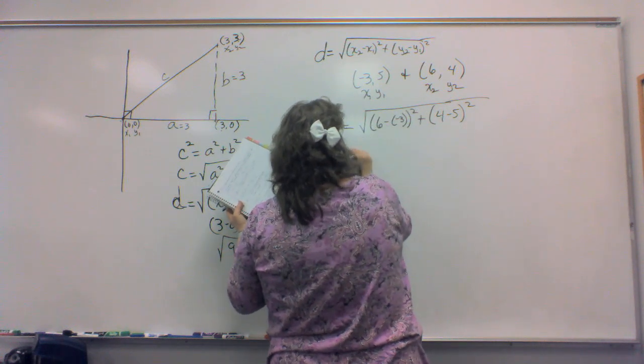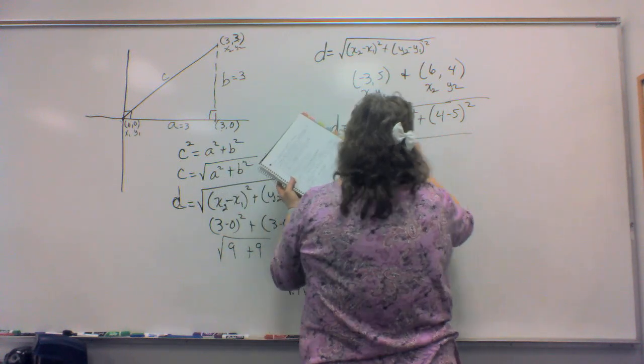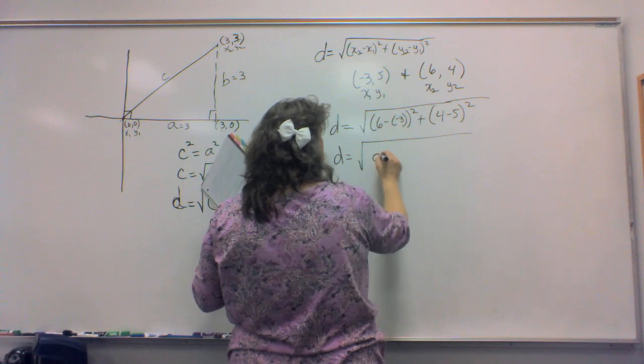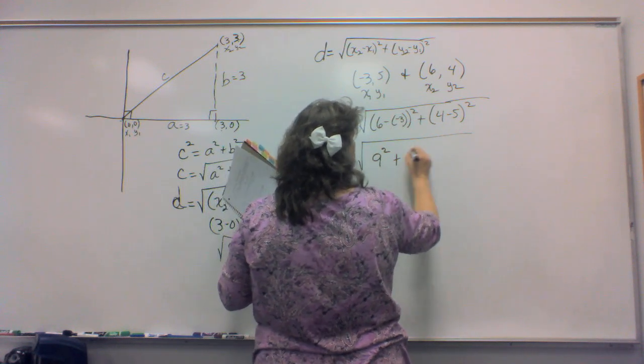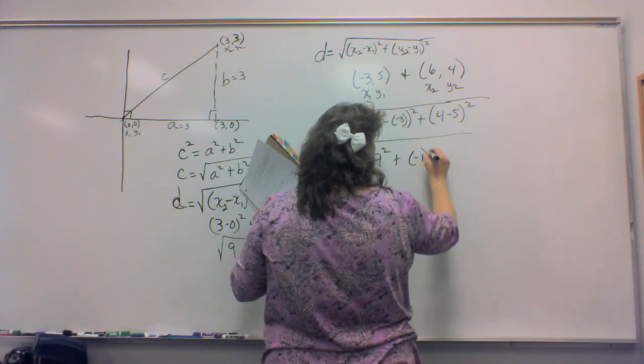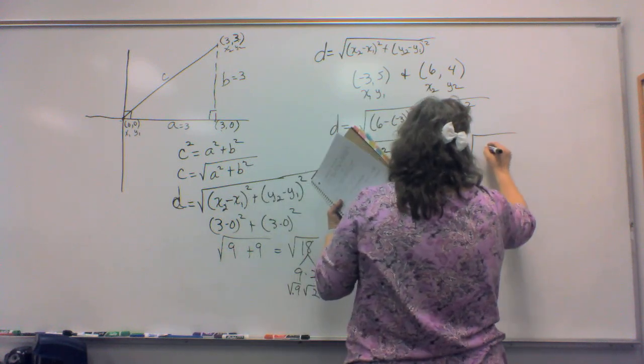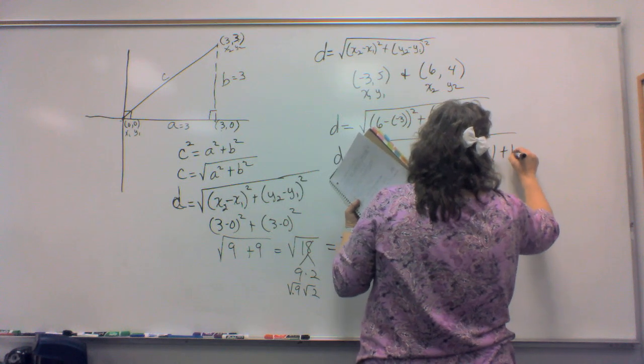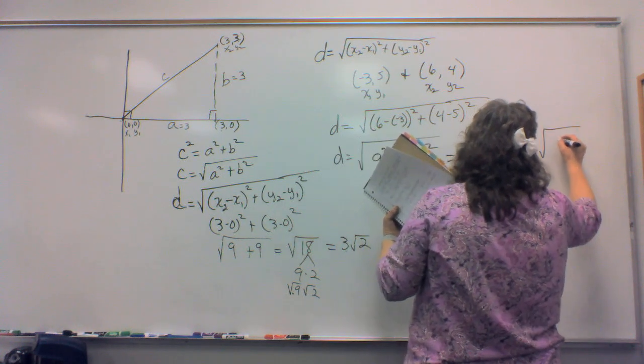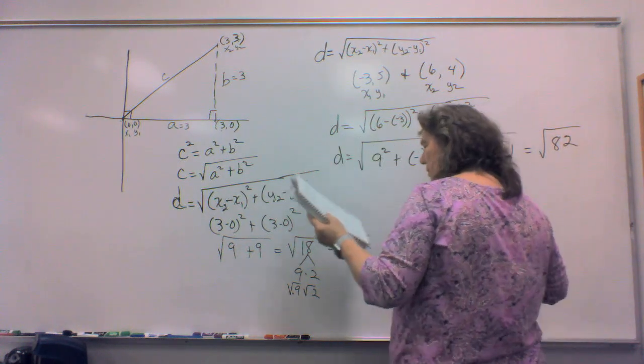So D is equal to the square root of 6 plus 3 is 9 squared plus -1 squared, which is going to give me 81 plus 1, which is the square root of 82.